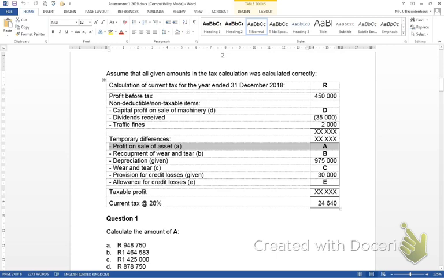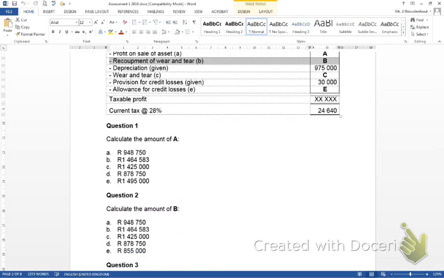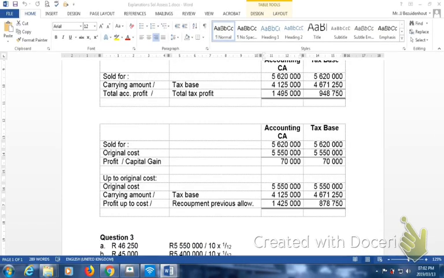Then, secondly, a recoupment of previous wear and tear allowances, which is taxable. So you've deducted the accounting profit, you've added the wear and tear allowances, and this now gives you the answers to A and B. Let's go there.